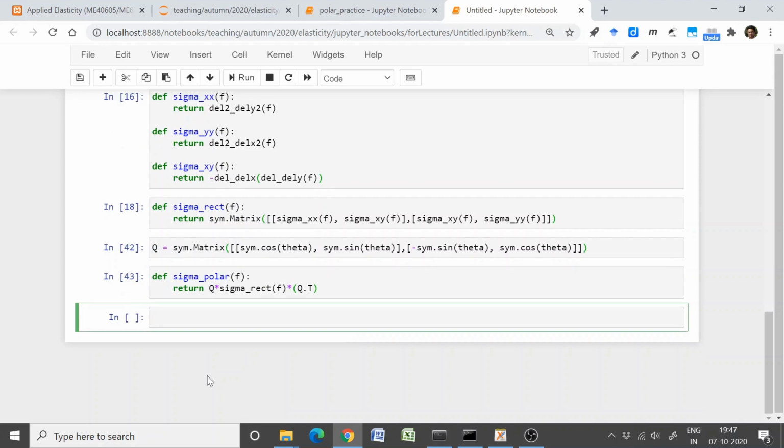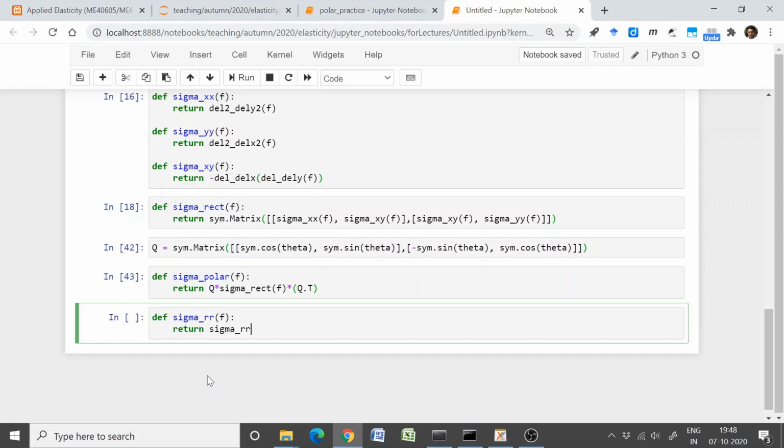Okay. Now let's extract the sigma rr, the sigma theta theta, and the sigma r theta components out of this sigma polar matrix. So for that, I'll again set it up like function definitions. So this will be sigma polar, I want the element in the first row and the first column of sigma polar, and because Python's indexing starts from 0, we have to use this 0, 0 for the first row and the first column.